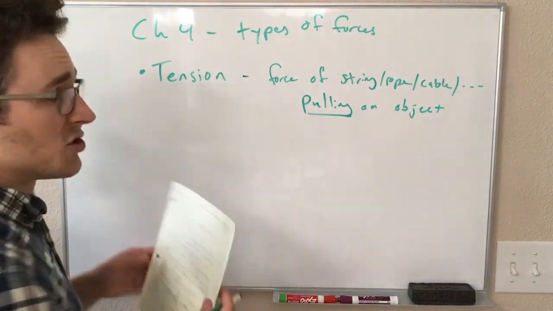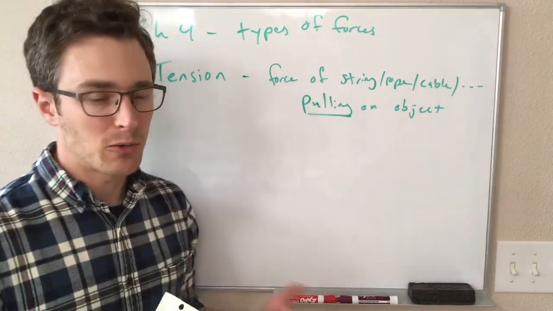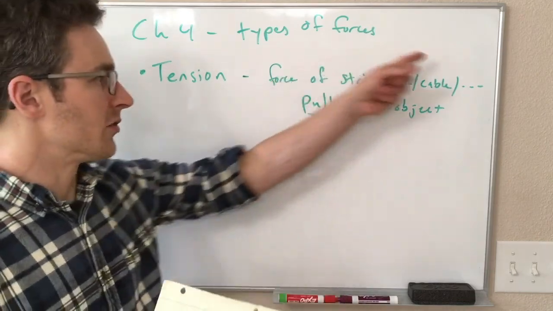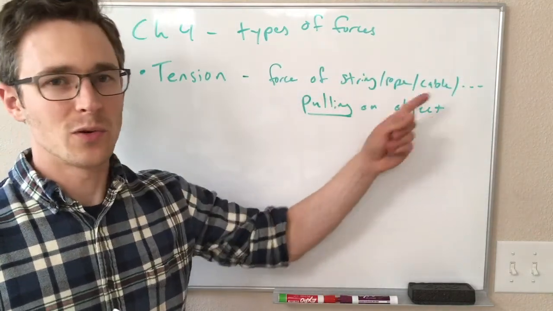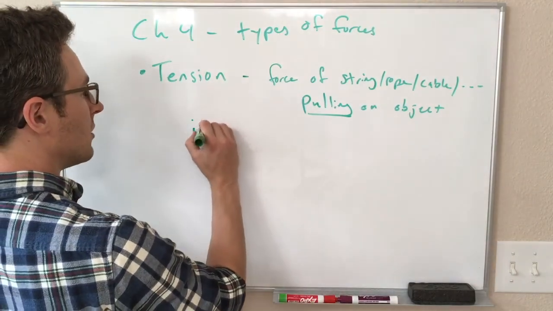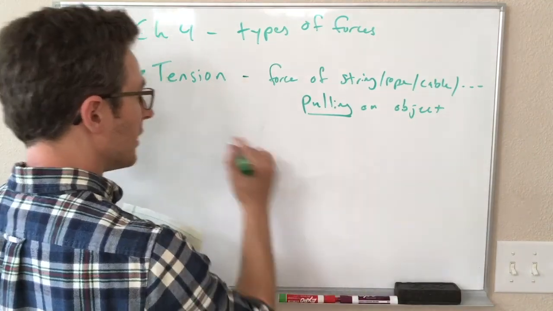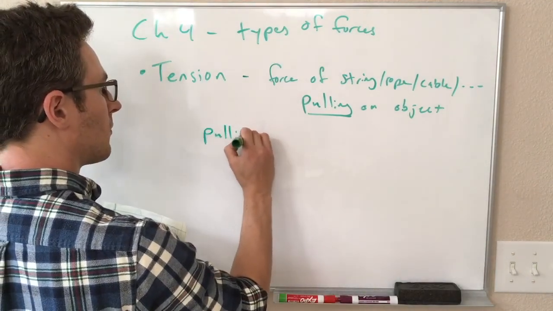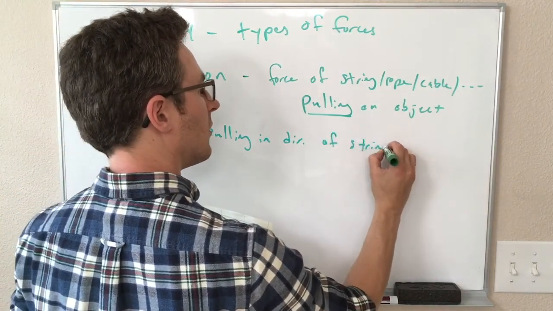So the direction of the tension has to be in the direction of that string. So from now on, I will just probably call all of these things collectively string or rope. I'm not going to say this or this or this every time. So the tension should be pulling in the direction of the string.